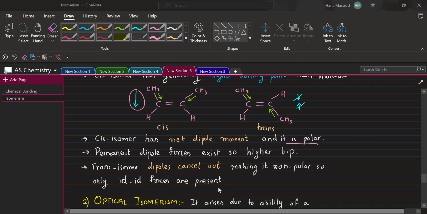One dipole is coming in this way, one is coming in this way. There will be no net dipole, making it non-polar. So it only has id-id, which means weak van der Waals forces. Only those forces. That is why it has lower boiling point. Is it clear?